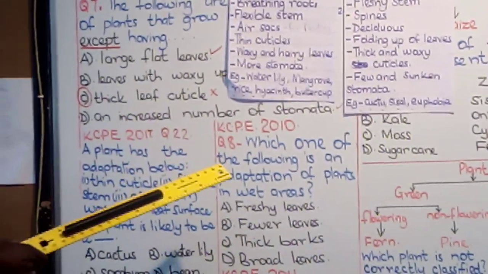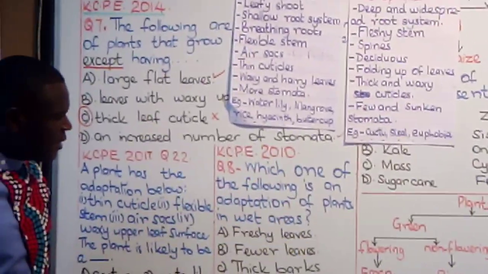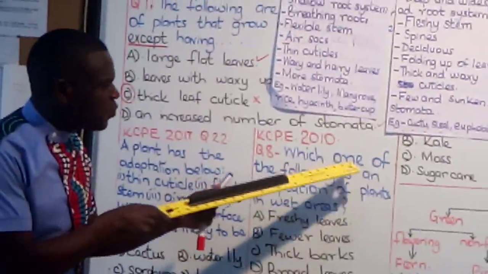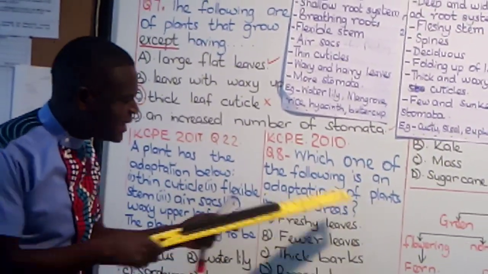Now, question number 8 of 2010. Which one of the following is an adaptation of plants in wet areas?